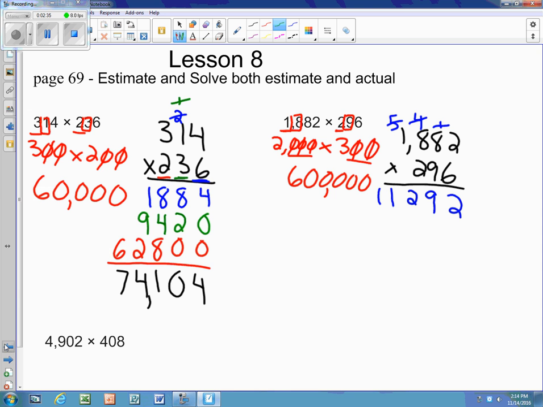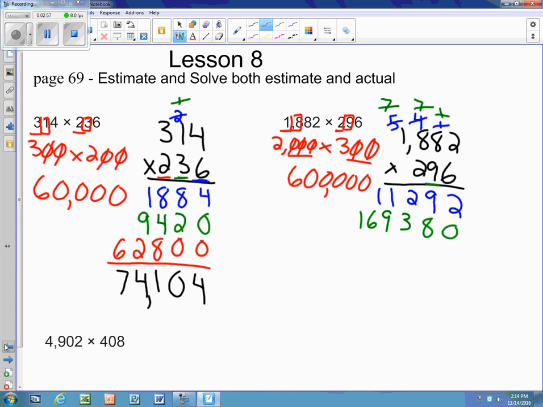And now we move on to the tens place. And since we moved to the tens place, we need to start with a 0. We're all done, so we cross that all out.